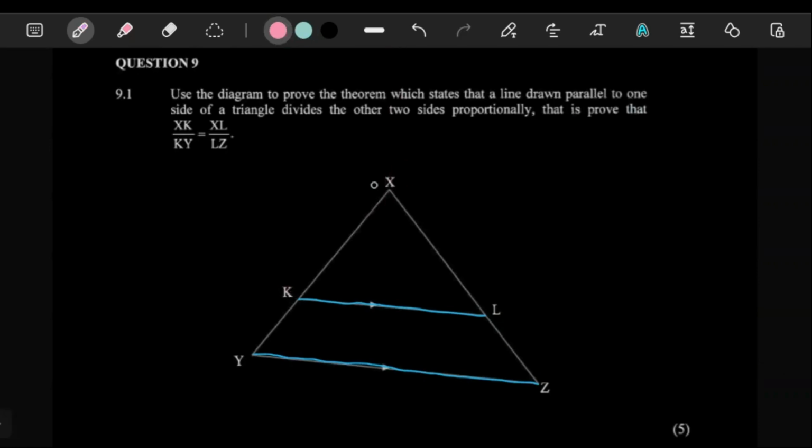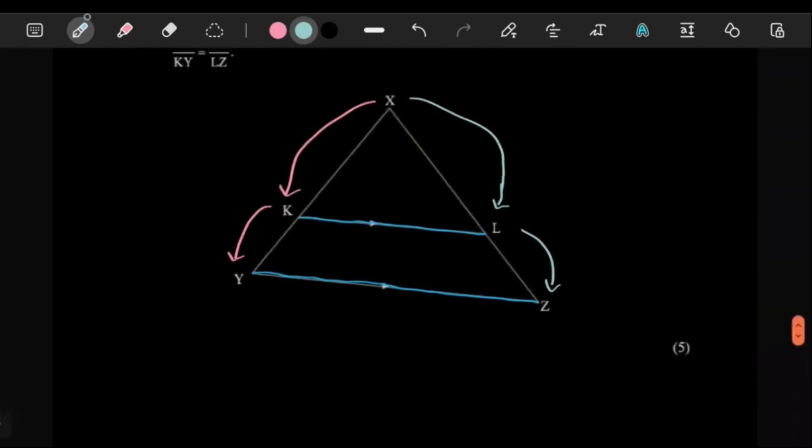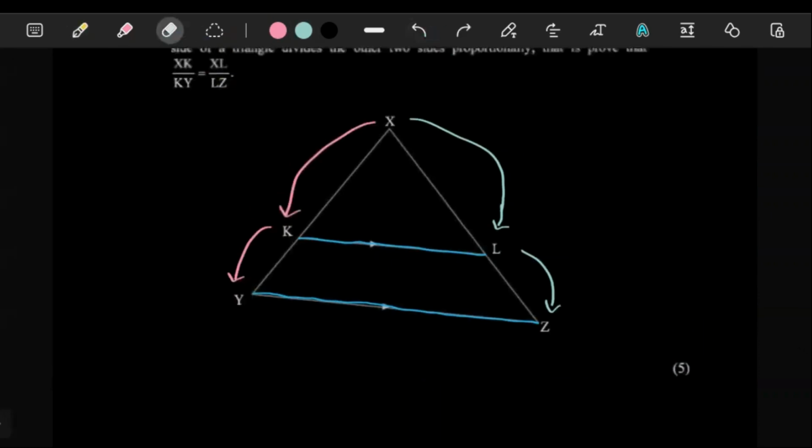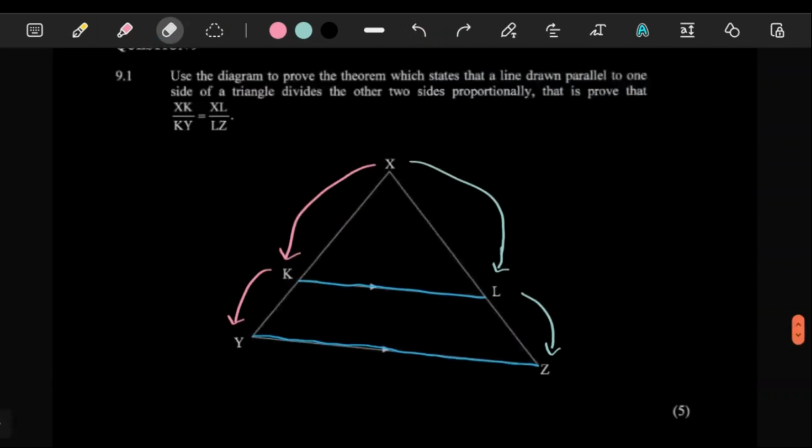That is, prove that XK over KY is equal to XL over LZ. This theorem is not so bad because you just have to be able to remember what you need to construct. In terms of knowing what you need to construct, it's super simple.